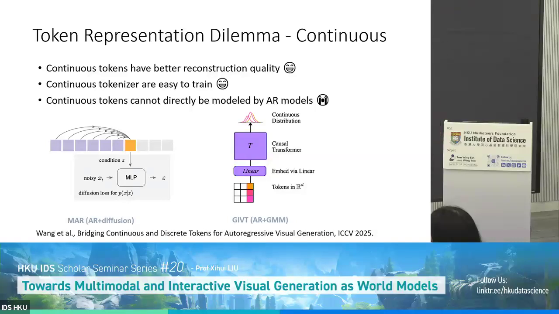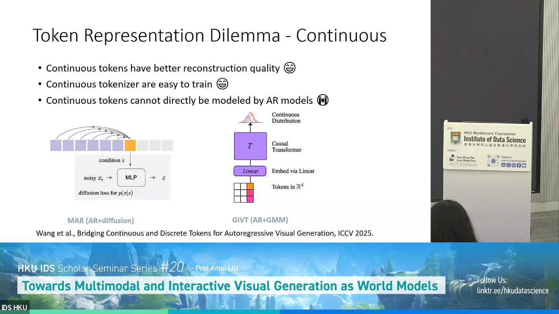On the other hand, we have continuous tokenizers. They have very good reconstruction quality, and this tokenizer itself is easy to train. The continuous tokenizer is very mature in diffusion models. But if we use a continuous tokenizer with an autoregressive model, this will require additional modules to do the sampling.